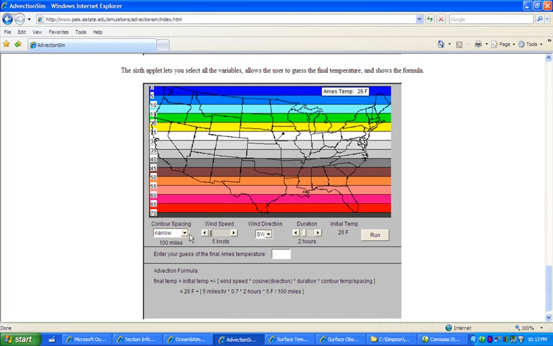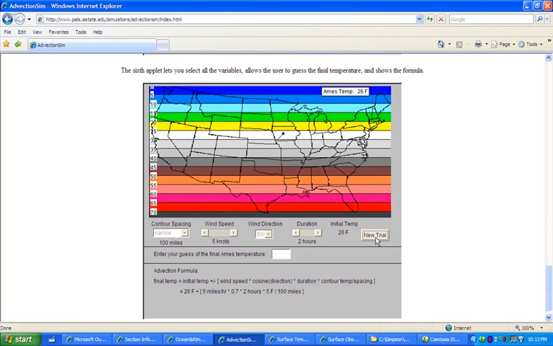We've got a 5-knot wind, narrow spacing since we have almost a 10-degree change across Iowa. Let's run this. In a 2-hour span, we went from 26 and we stayed at 26. We already had a good guess that we would not have significant warm air advection because the wind speed was simply too slow.